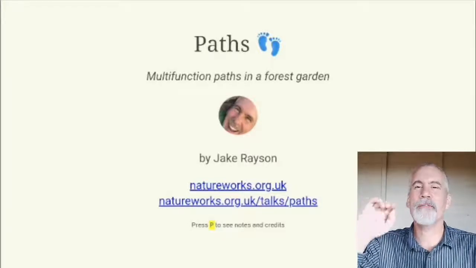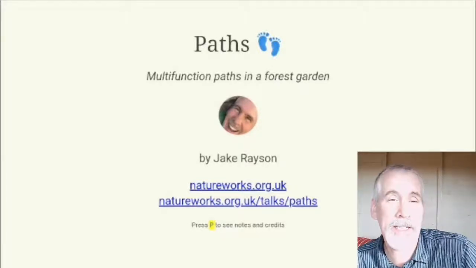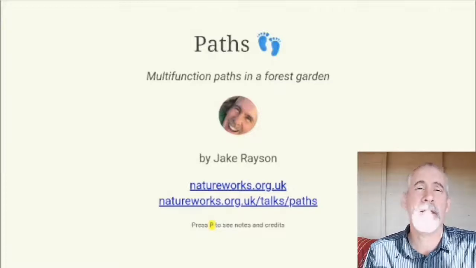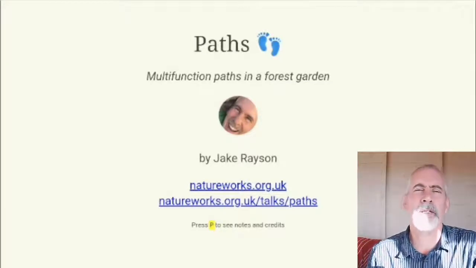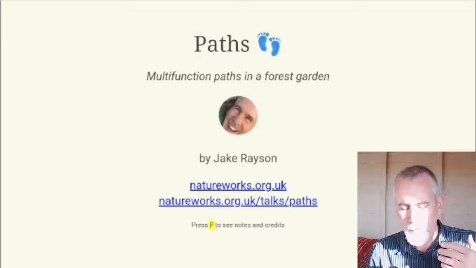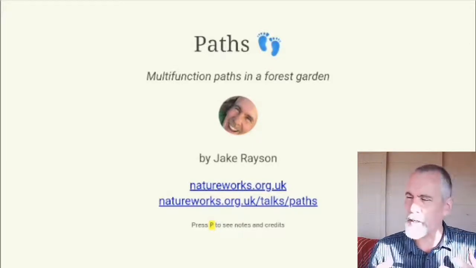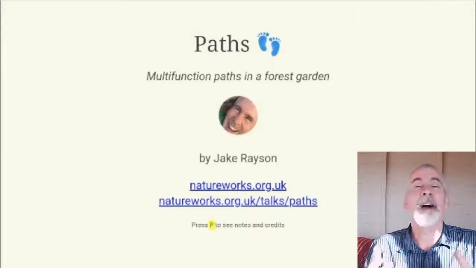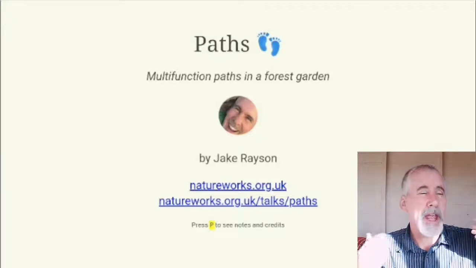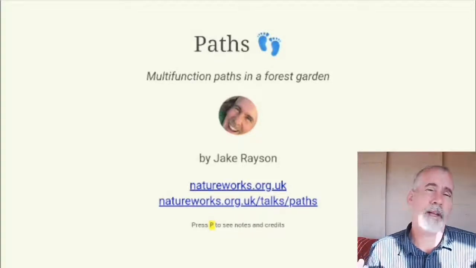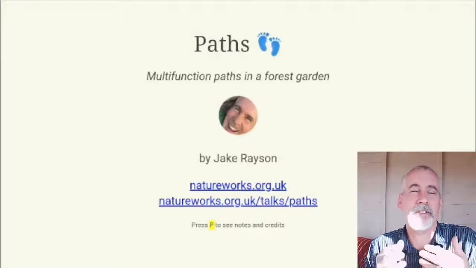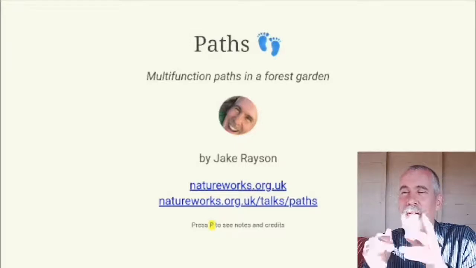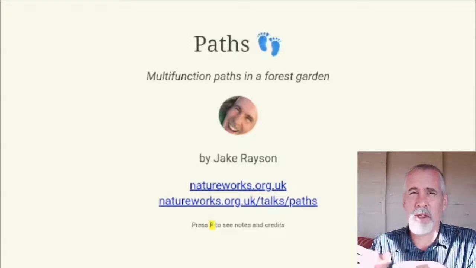So there we go. Without further ado, I'm going to get started talking about paths in the forest garden. I call them multifunction paths because I think it's important to realise that the features you have in a garden, in a living space, can do multiple things. You don't have just one feature doing one thing.